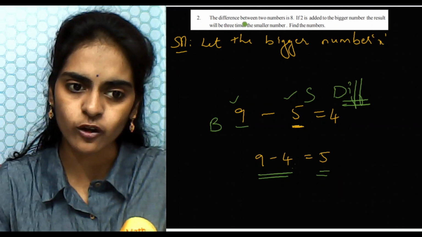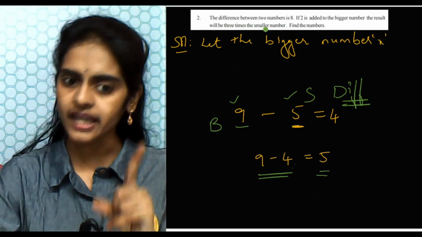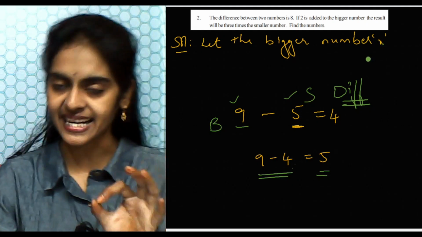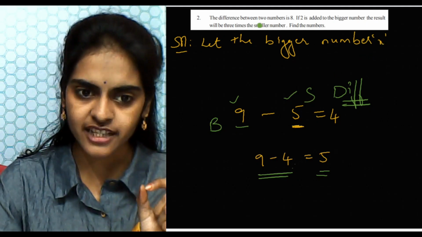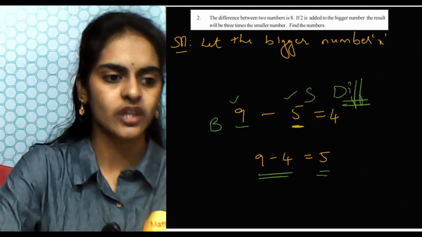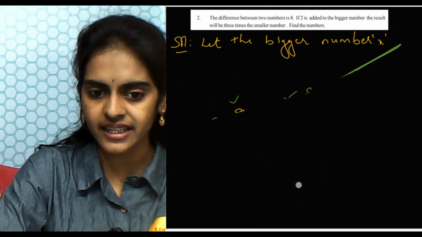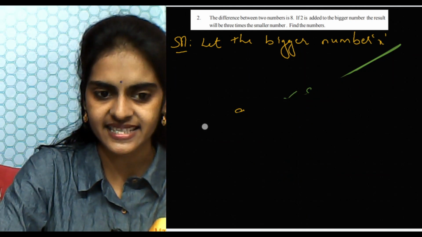Similarly, here also it is given that the difference between the two numbers is 8. I am taking the bigger number as x. Now if I subtract this 8 from x, will I get the smaller number? Yes, I will, isn't it? So let us subtract the difference from the bigger number. The bigger number we have taken as x.